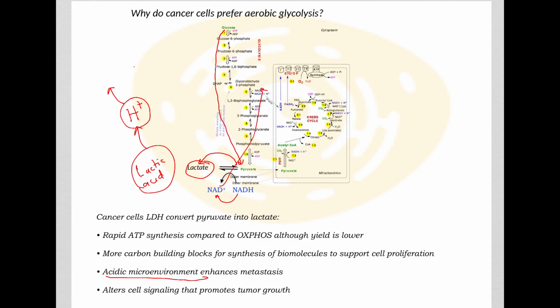So it's possible the cancer cell might be secreting acid into the surroundings so that it can loosen itself from other cells, and it can also loosen the connective tissue so that it can separate from the other cells and can start spreading. Okay, metastasis.